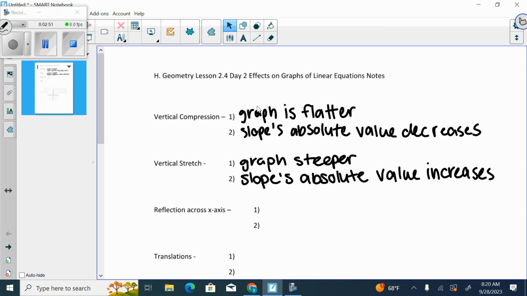So slope is what determines the steepness of our line, whether it's getting flatter or steeper.